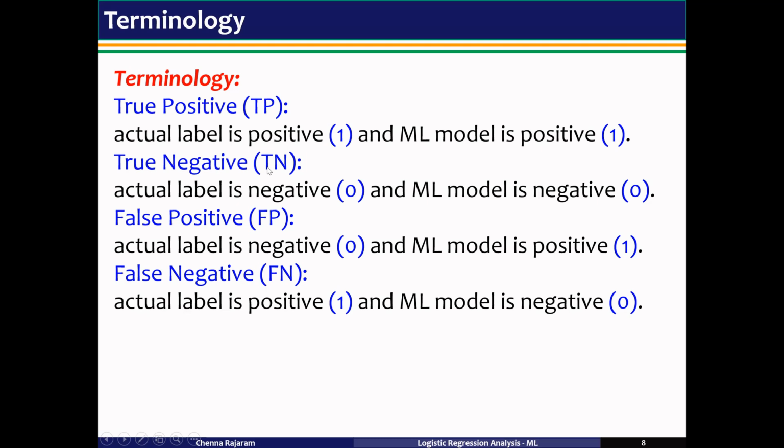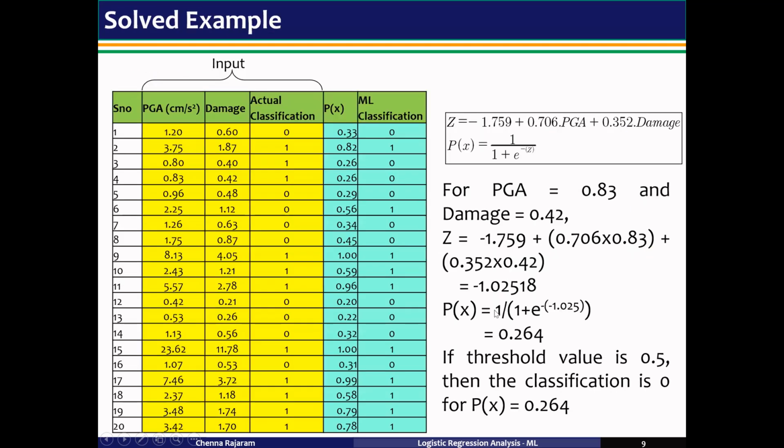True negative, which is denoted as TN: the actual label is negative, that is 0, and the machine learning model is negative, which is also 0. False positive, denoted FP: the actual label is negative and the machine learning model is positive. False negative, denoted as FN: the actual label is positive and the machine learning model is negative.